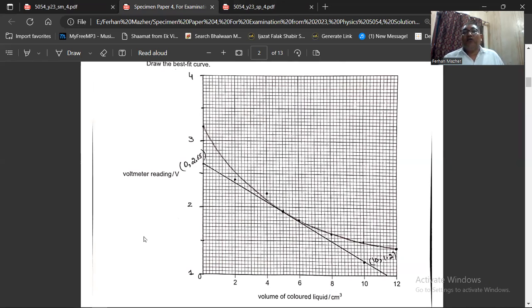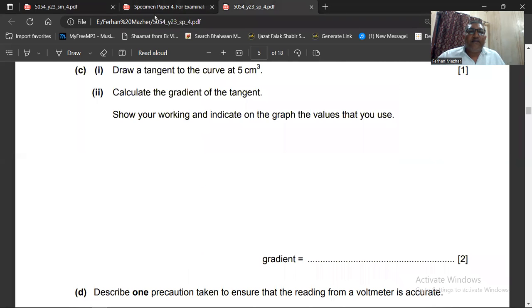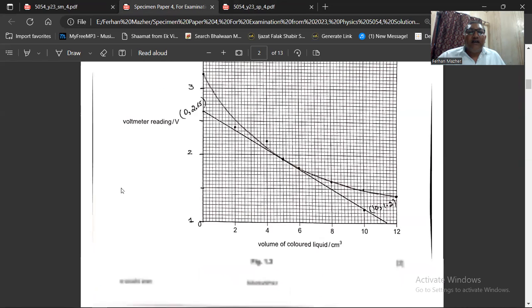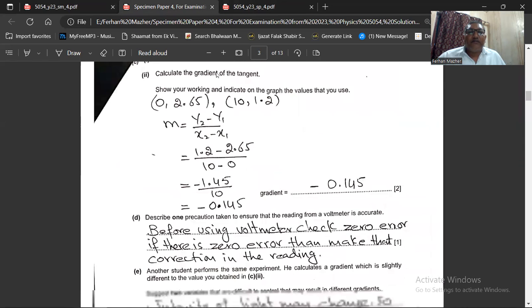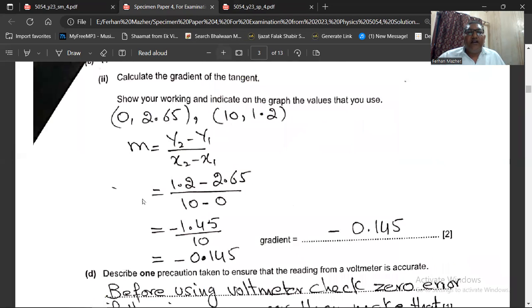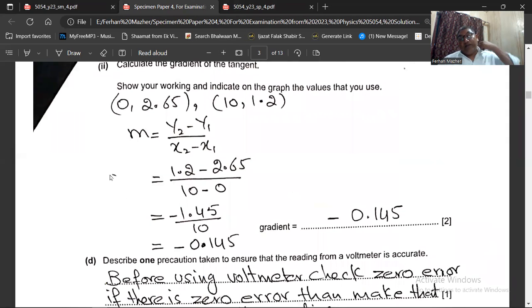You know the gradient formula from your mathematics: the gradient is y2 minus y1 divided by x2 minus x1. Let me show you. I have done this, and here we go. The gradient will be y2 minus y1 divided by x2 minus x1, taking the points 0, 2.65 and 10, 1.2.